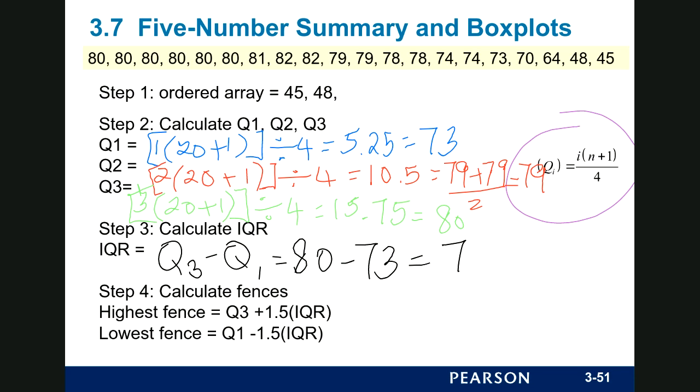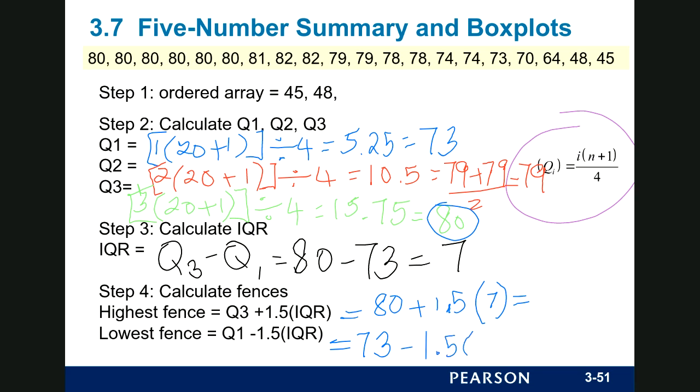We have the highest fence as Q3, which is 79, sorry, 80. Q3 is 80 plus 1.5 times interquartile range of 7. Okay, it's the formula that's showing up on the slide here. And then Yazan, you're doing the lowest fence, which is Q1, so that's 73 minus 1.5 times interquartile range of 7.